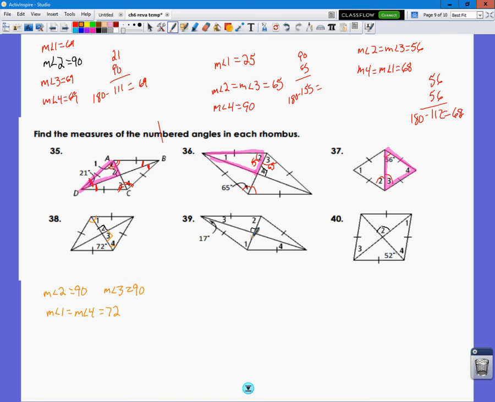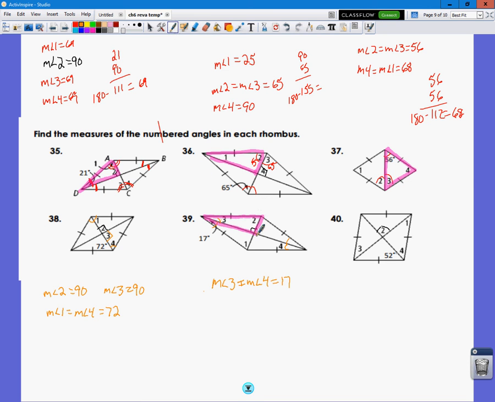None of them were in the middle here this time, but I do know that the diagonals bisect opposite angles, so 3 and 4 are the same. And in fact, the measure of angle 3, which is equal to the measure of angle 4, would be the same as the 17 that's in that corner. And then I would use the concept of this triangle being 180 degrees.